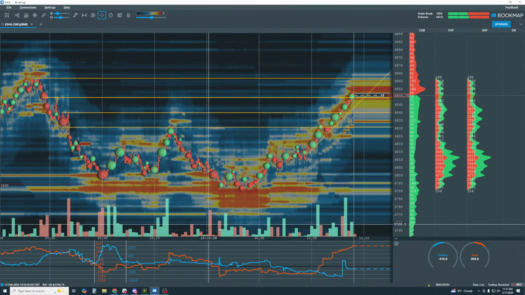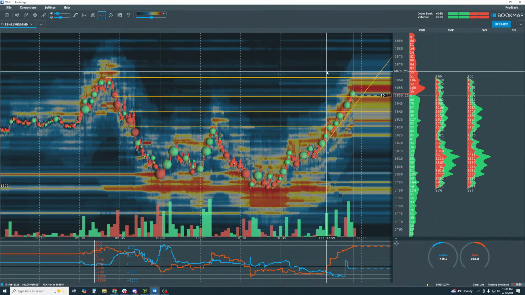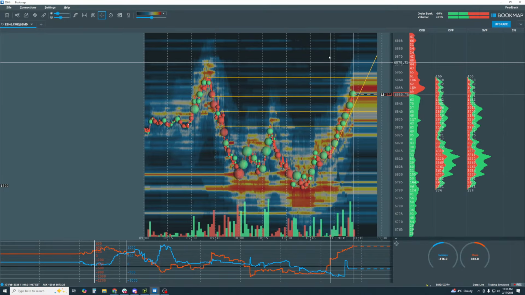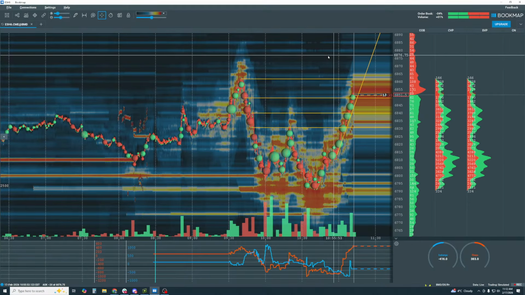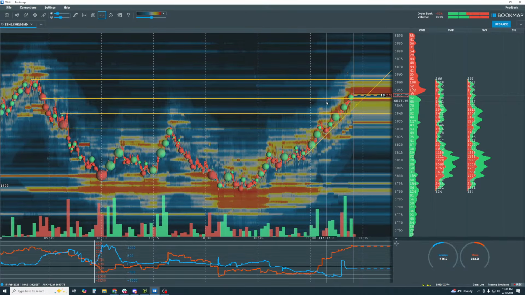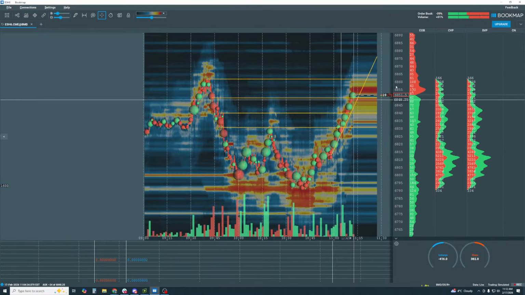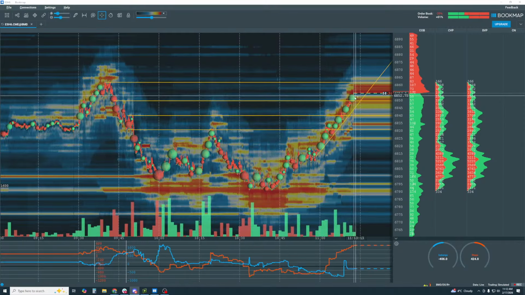That's a lot of buying. Yeah, still squeezing, still squeezing.